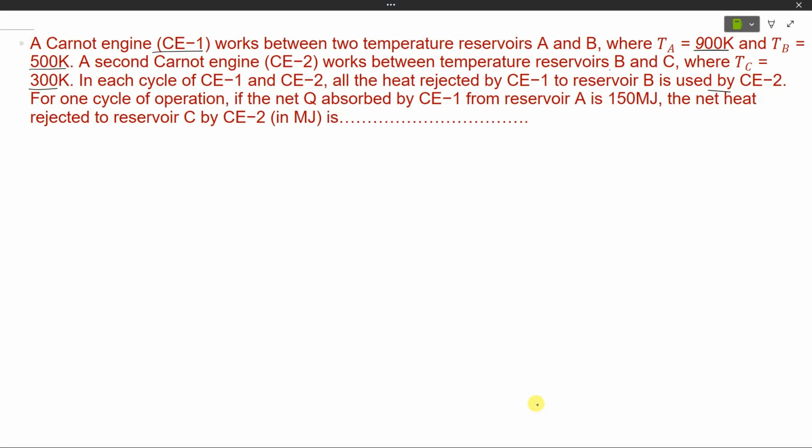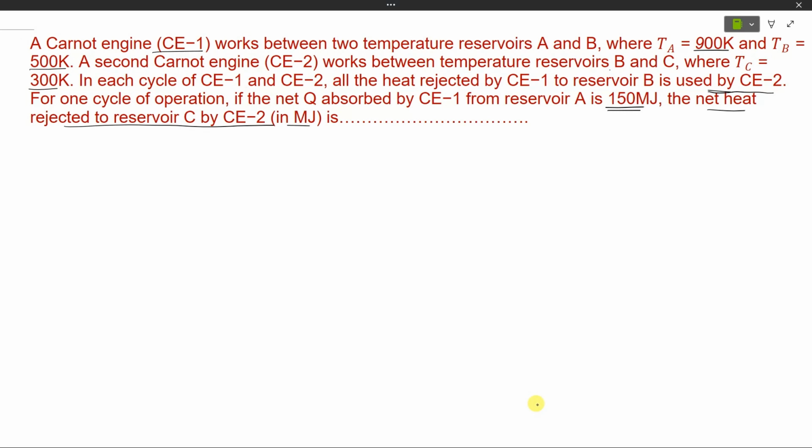In each cycle of CE1 and CE2, all the heat rejected by CE1 to reservoir B is used by CE2. For one cycle of operation, if the net Q absorbed by CE1 from reservoir A is 150 megajoule, the net heat rejected to reservoir C by CE2 in megajoule is dash.